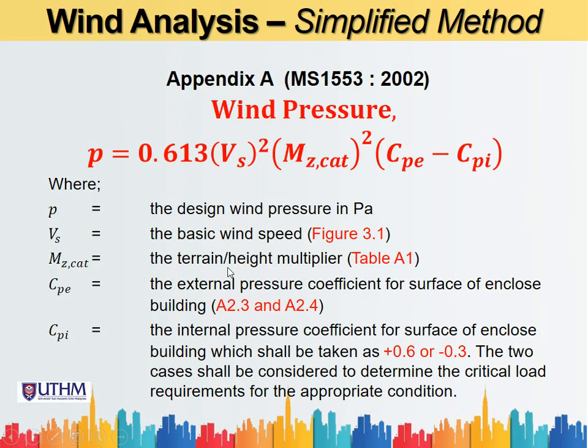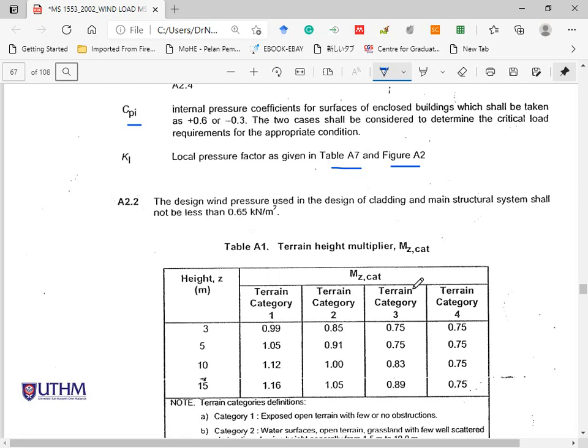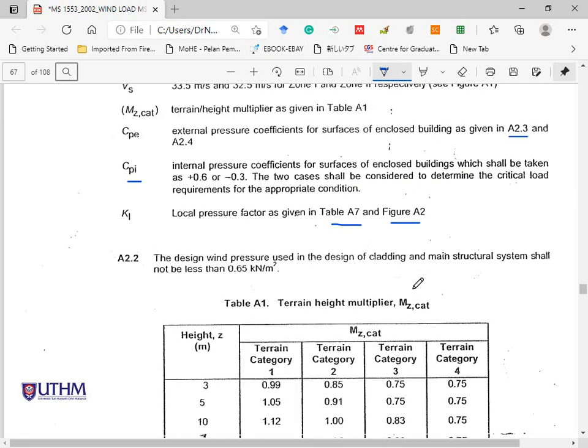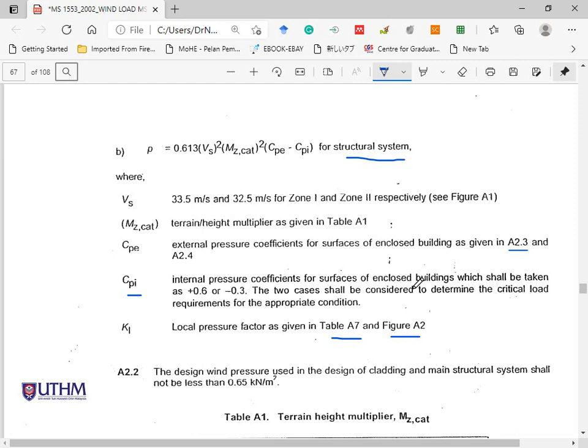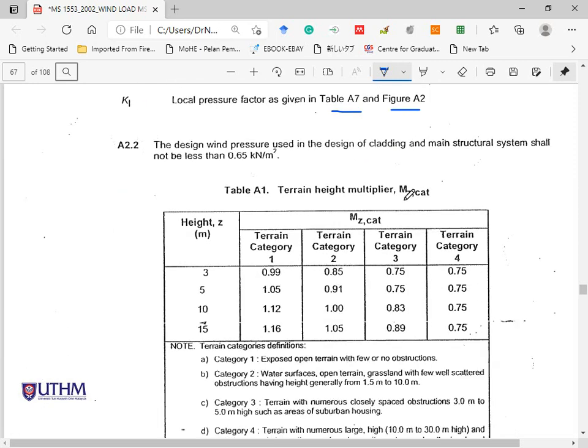Meanwhile, the terrain height multiplier refers to table A1, which is at page 67 of the Malaysian Standard. This is the terrain height multiplier, and this table is only for the simplified method.